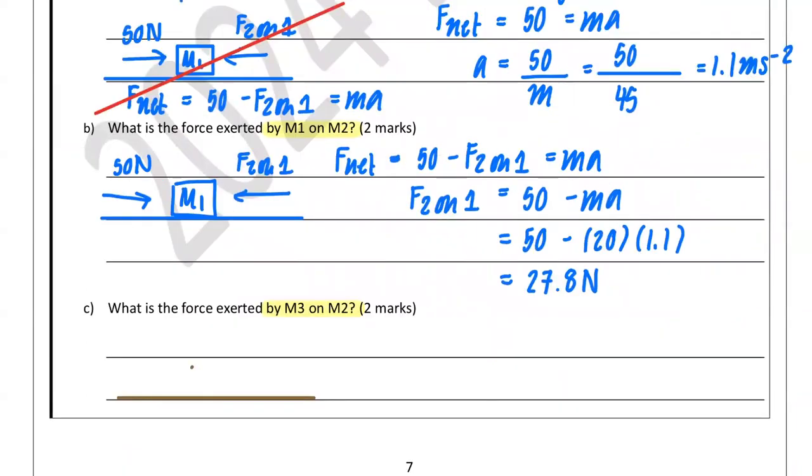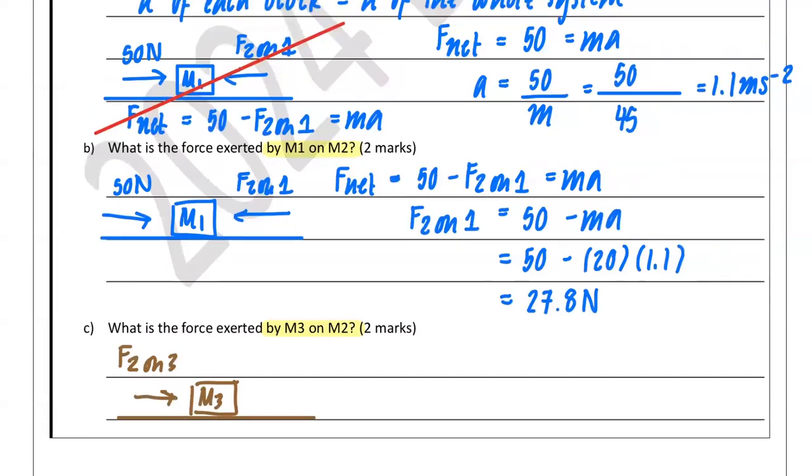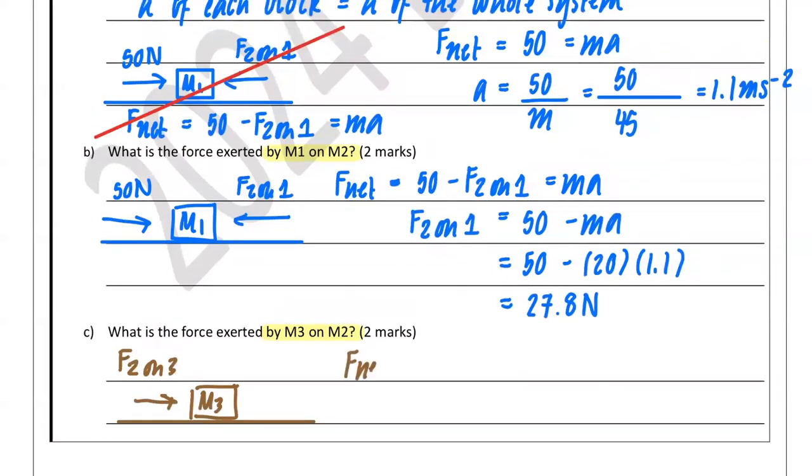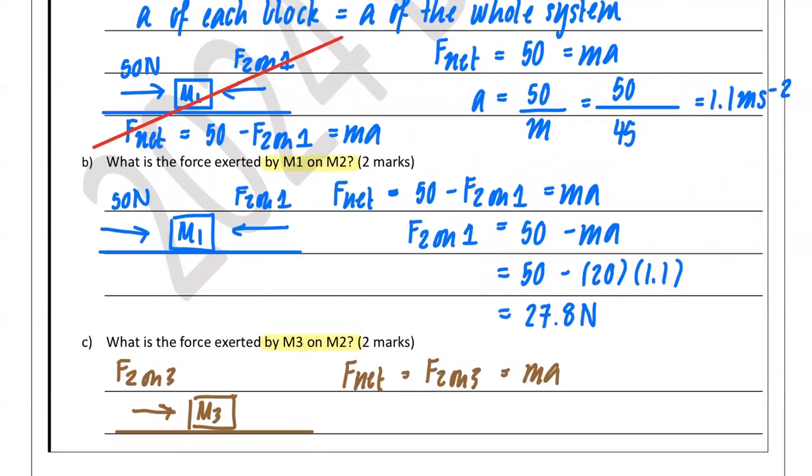So in this case, I rewrite it again. Force of 2 on 3, and that's pretty much it. Net force is equal to the force of 2 on 3, and that equals MA. Now I can just plug in my values.